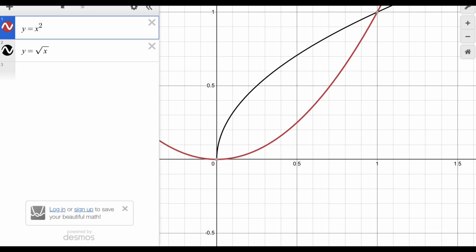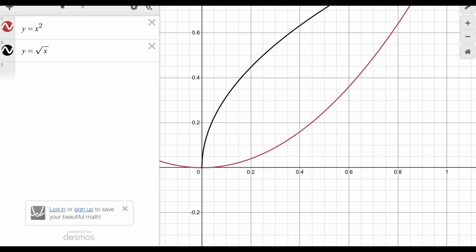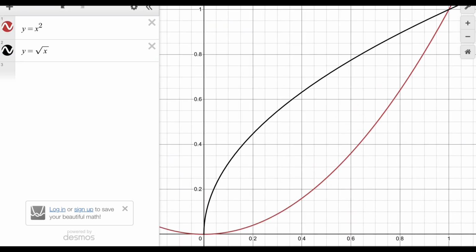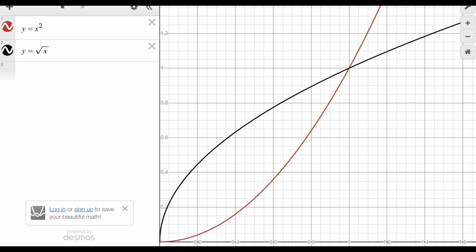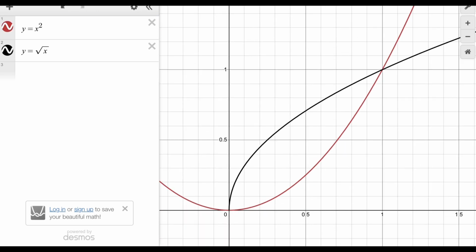Because if you were to draw vertical lines to calculate this area, you would take the y value of the square root of x and subtract the y value of the red function, which is y equals x squared. Your upper bound is the function that is the highest, so in this case the square root of x, and your lower bound is x squared.